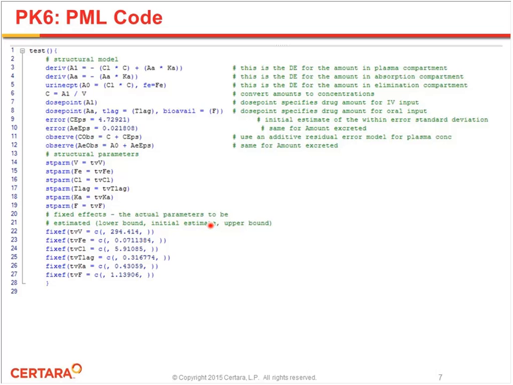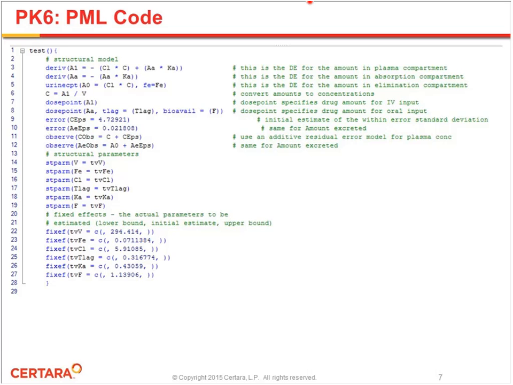And the fixed effects are specified with a fixed F statement, where you just have a vector represented with 3 figures: the lower bound, the initial estimate, and the upper bound. So this is then done for each of the individual fixed effects.